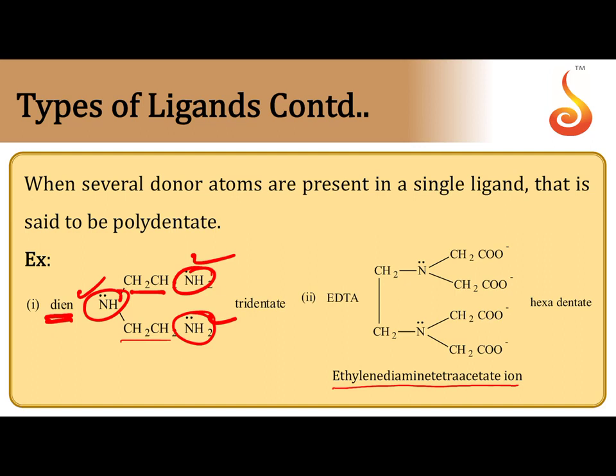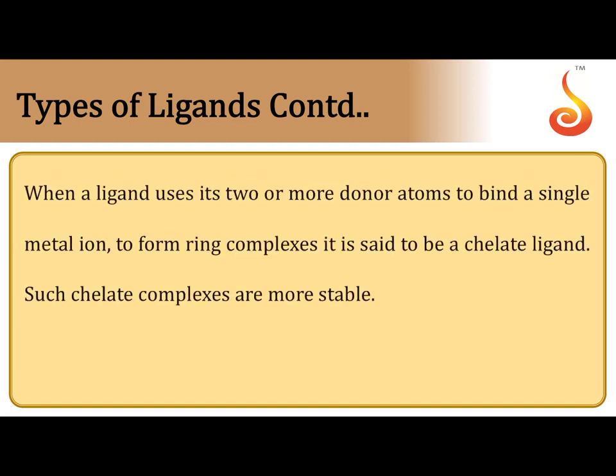If you take ethylene diamine tetraacetate, a single ligand can form 6 dative bonds: 4 dative bonds through O- of acetate and 2 dative bonds through nitrogen. So, totally EDTA can form 6 dative bonds; that is why it is a hexadentate ligand.